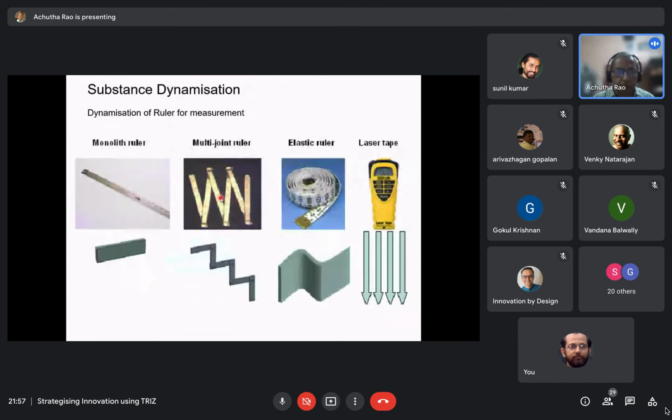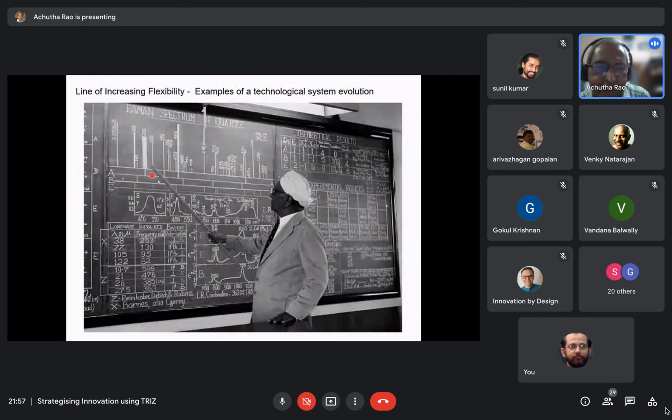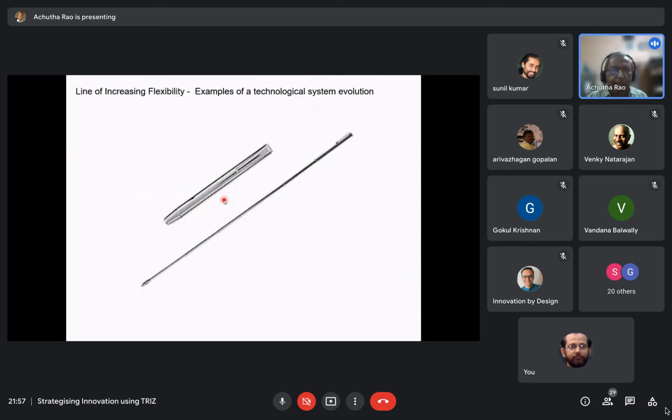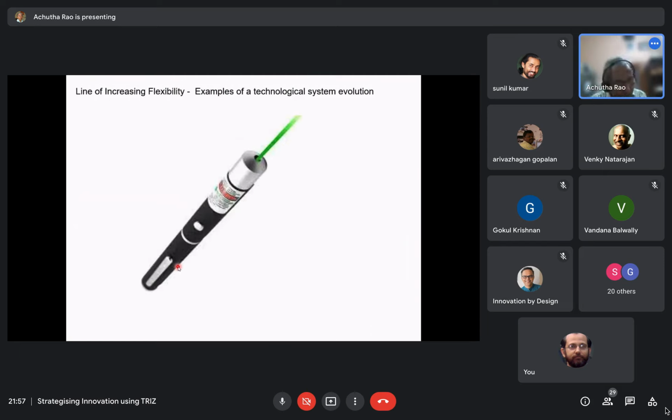This is a physical arrangement that has been replaced. And this is a very interesting thing, I always say: C.V. Raman was using a pointer, very monolithic, single piece. Then what happened? Foldable, I'm skipping, so it's collapsible, right? You have a pen, a telescopic pointer. This has now been replaced by a laser, which itself is not there. I hope this is the proof that technology predictions and trends can be used for innovation.